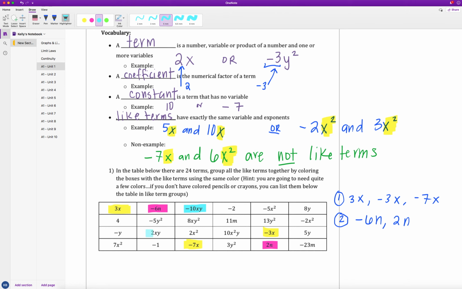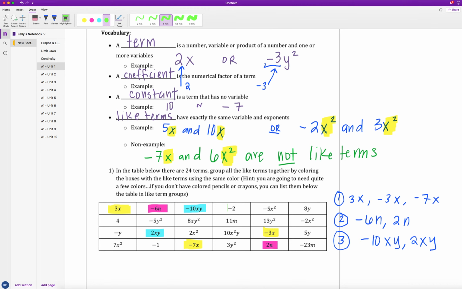But in our third row, I have a 2xy, so that guy can go together. And then in our third row, again, although 10x squared y looks close to it, the exponent on the x is not going to match. So for this third group, I only have two of them again, which would be negative 10xy and 2xy are going to be like terms.